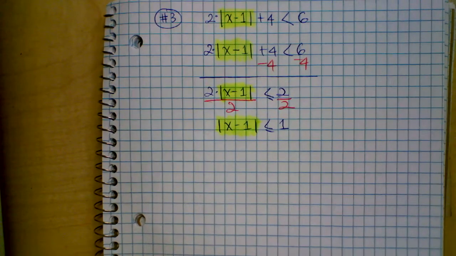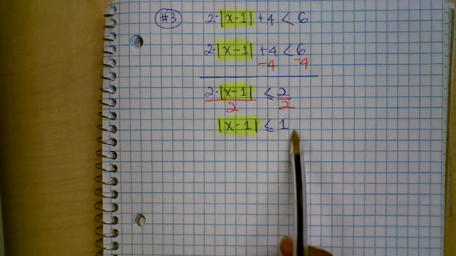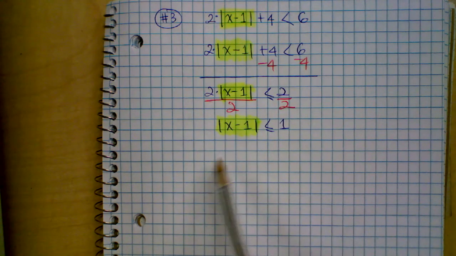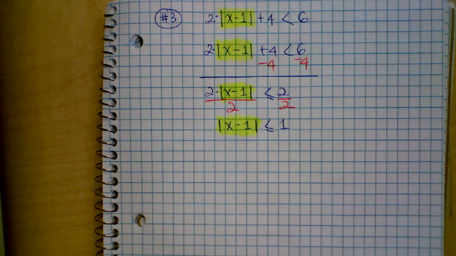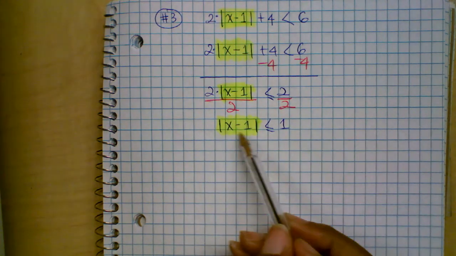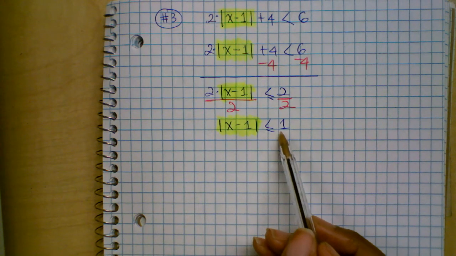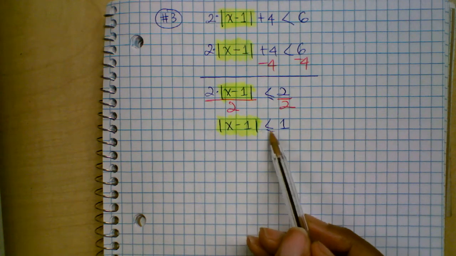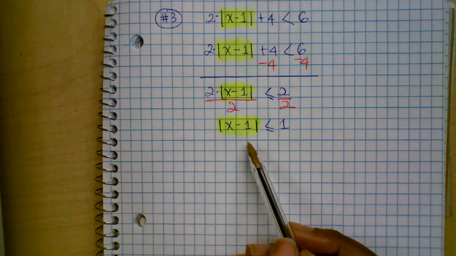Now when you have an absolute value less than or equal to a positive number, I know the absolute value inequality has solutions. Let's find them. We want to find all the numbers that have a distance less than or equal to positive 1. How are you going to do this?